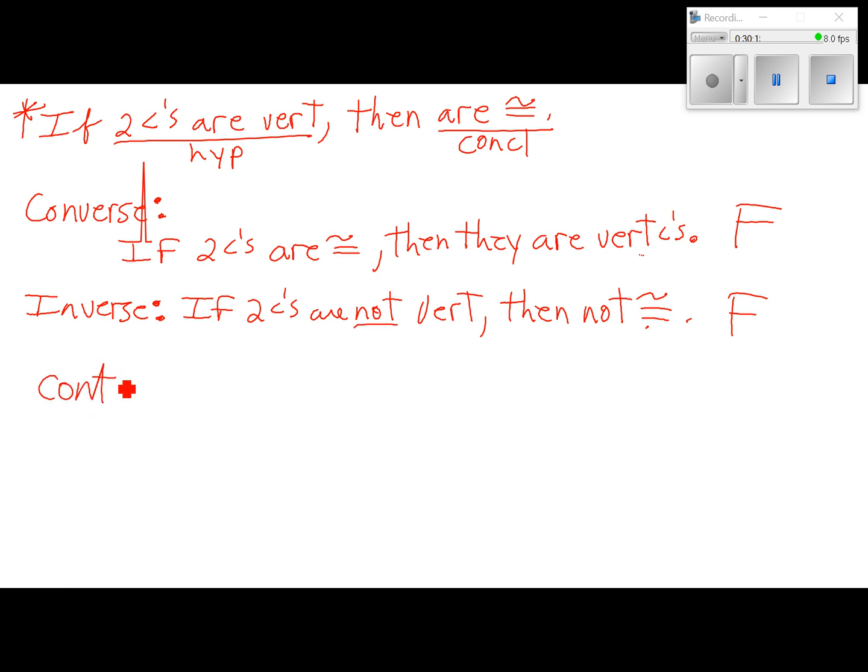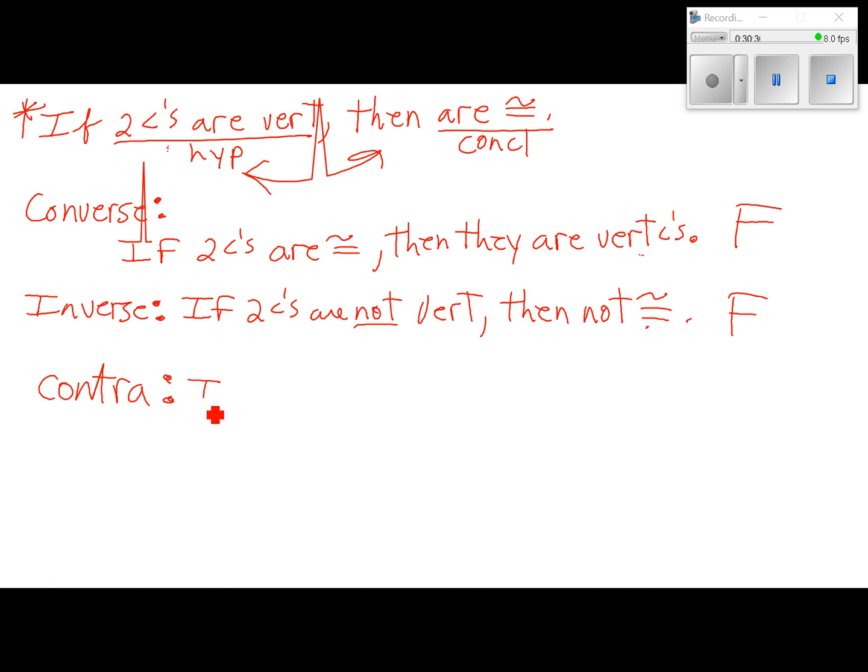Then the contrapositive. The contrapositive goes back to the original statement and it switches the two, so it switches the order, and it negates both parts, or puts not in both parts.